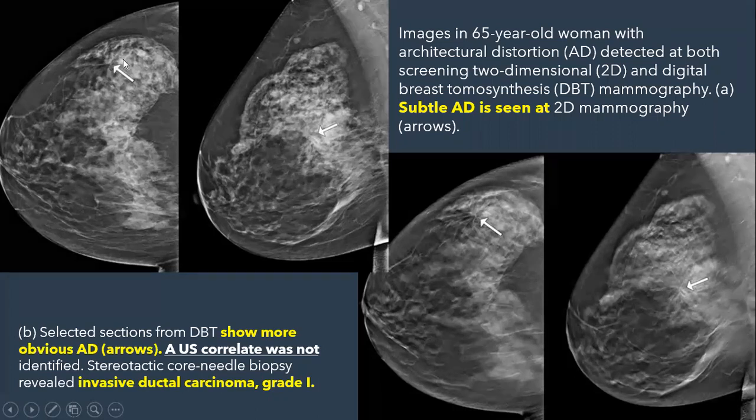Here it can be easily missed, but look at the 3D, how it shows this architectural distortion. There was no ultrasound correlate, and biopsy revealed invasive ductal carcinoma grade 1.